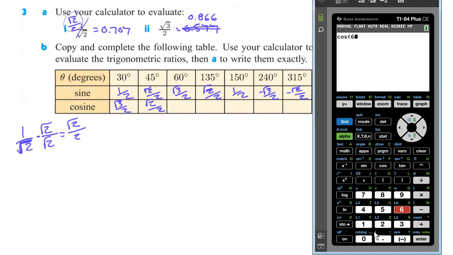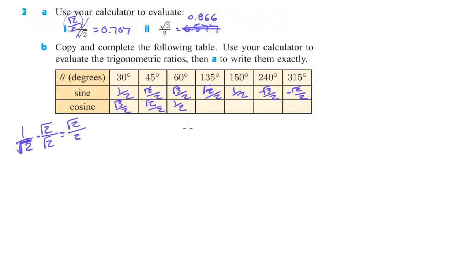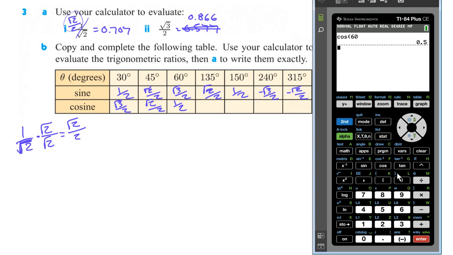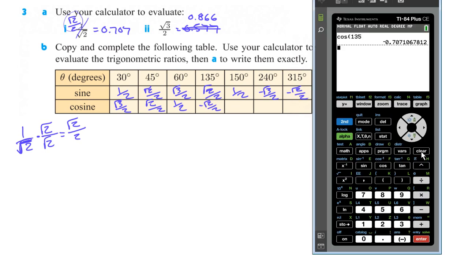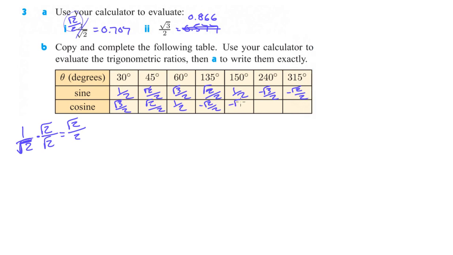Cosine 60 gives us 1/2, and then cosine of 135 is negative 0.707, so that's negative root 2 over 2. And then cosine 150 gives us negative 0.866, so that's negative root 3 over 2.